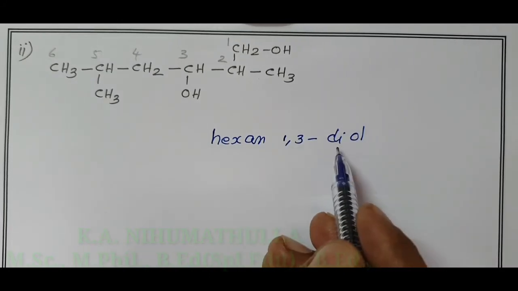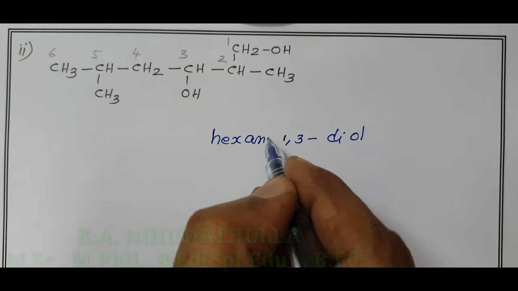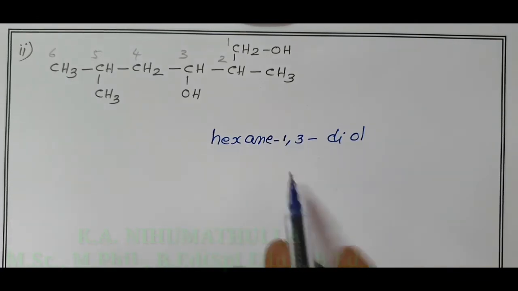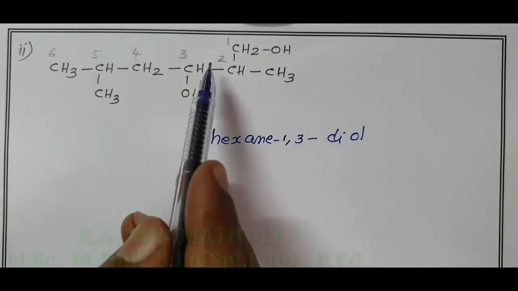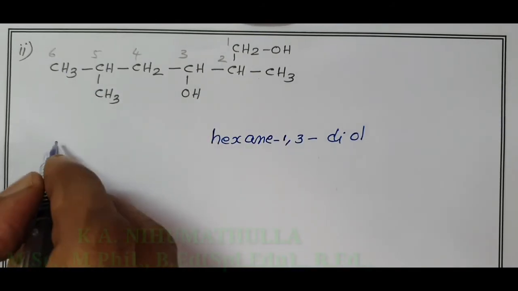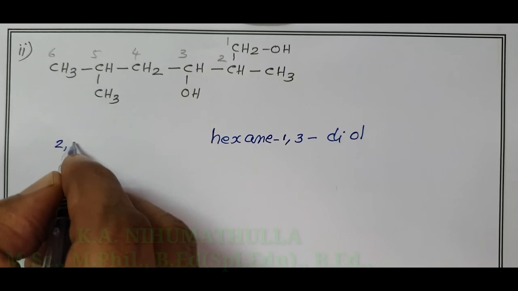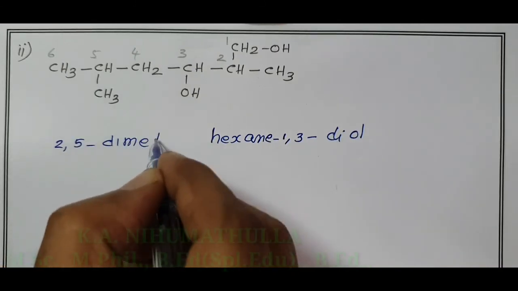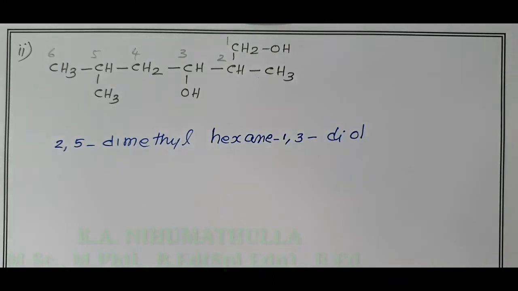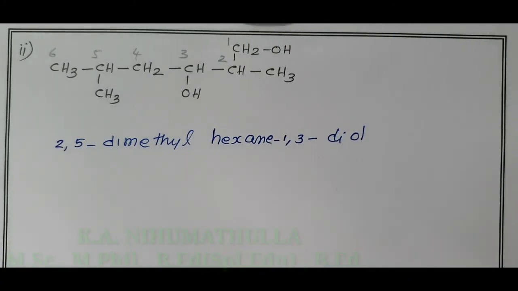If the name contains an alkane name, we have to write it in full form along with the e. Hexane-1,3-diol. The second carbon and fifth carbon contain 2 methyl groups. Therefore, 2, 5 dimethyl hexane-1,3-diol.